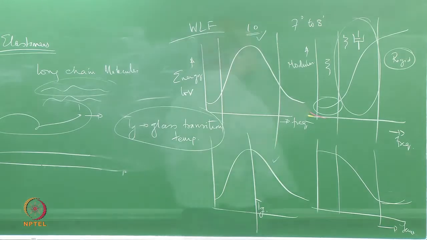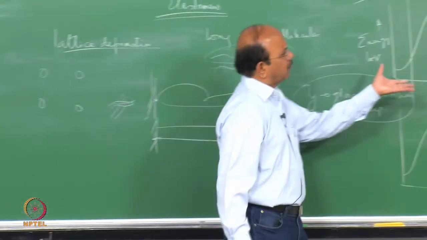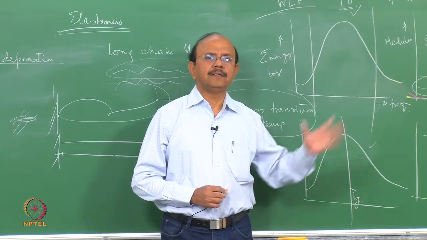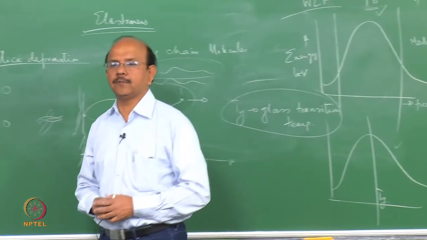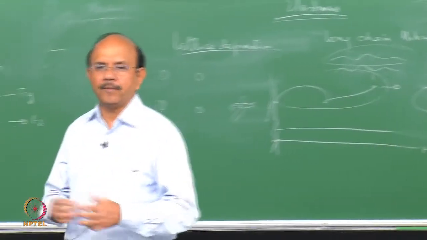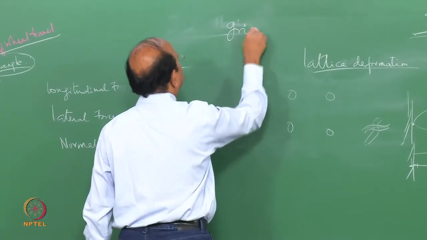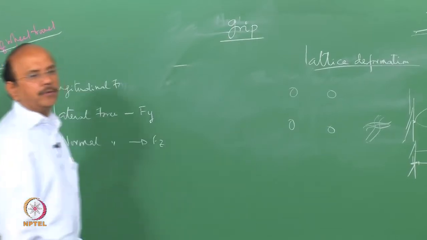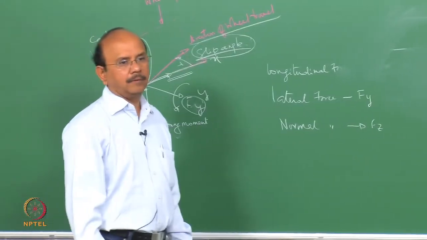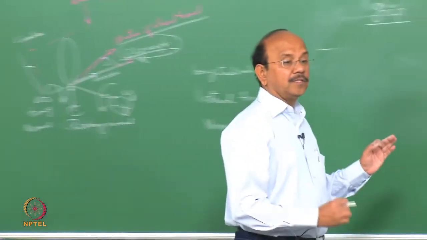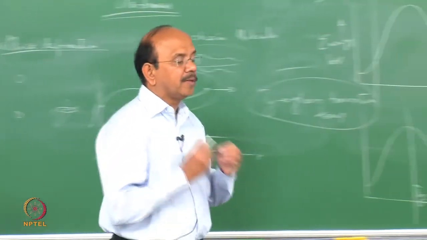Now, why are we talking about this? How does the behavior of elastomer help in the development of, say, grip? That's the first question we are going to answer. In other words, let's define what is meant by grip.